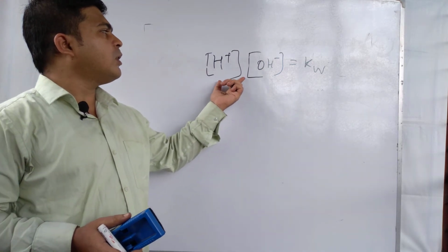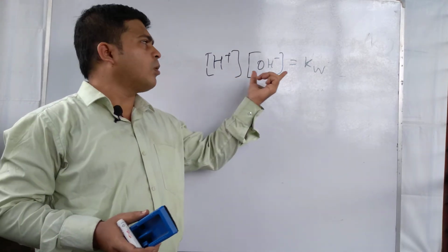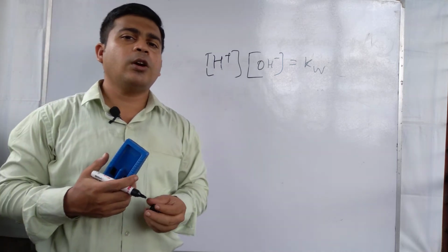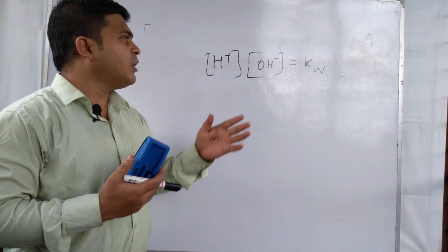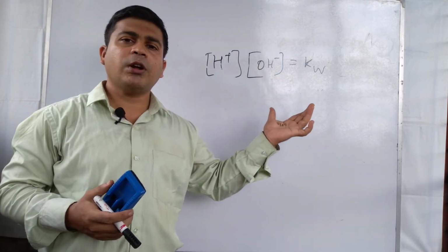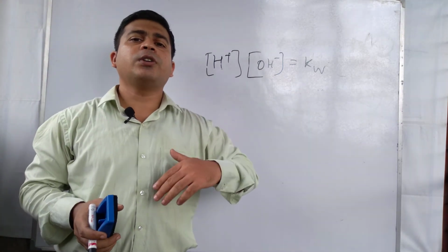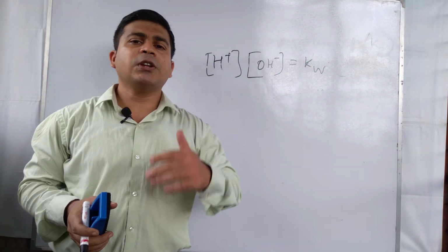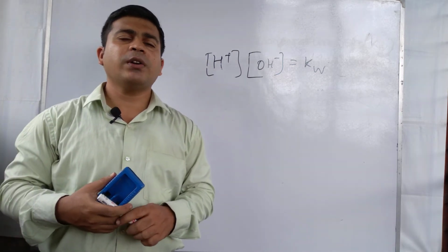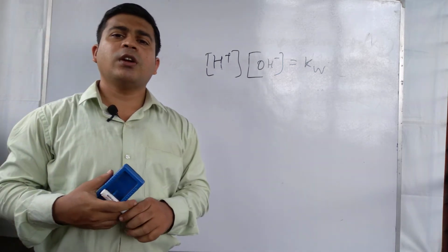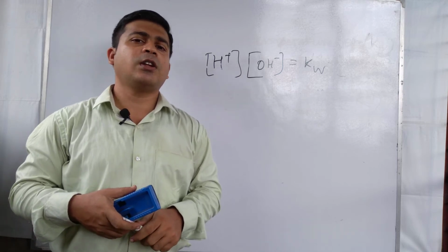So Kw increases with the rise of these concentration terms, and we know that water is a weak electrolyte whose degree of ionization increases with increase in temperature. For this reason Kw increases with rise in temperature.